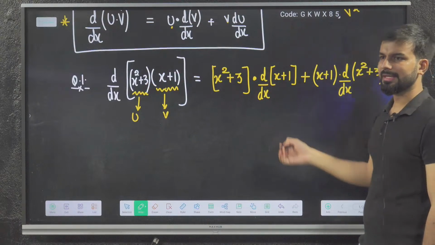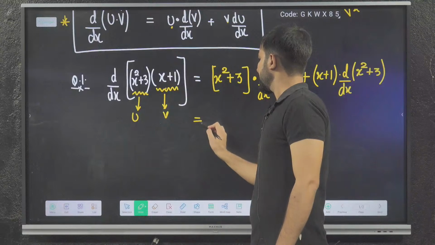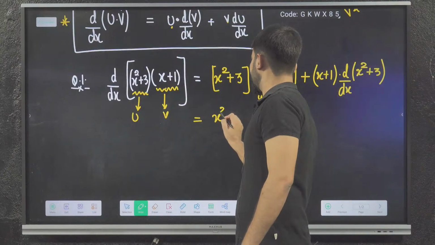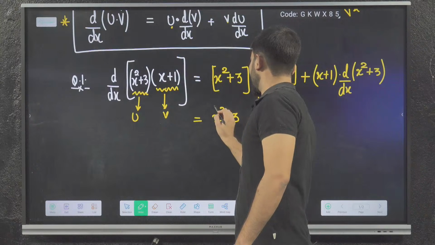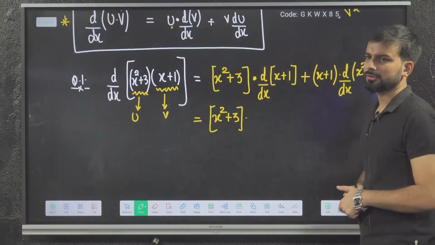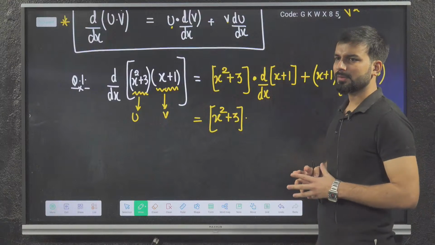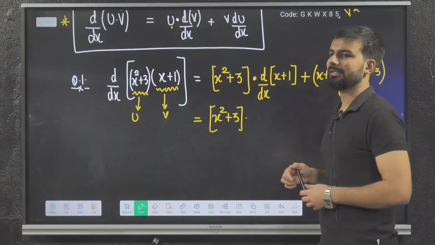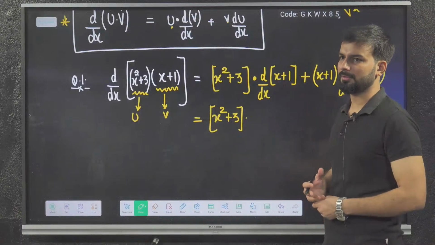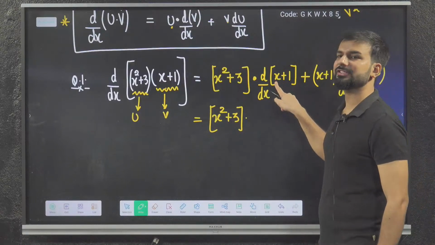Done. Now in the next step, we have to solve it like this. x square plus 3 into differentiation of this. This time we will not write in an elaborate manner, since we have already solved so many problems. So tell me, beta, the differentiation of x.